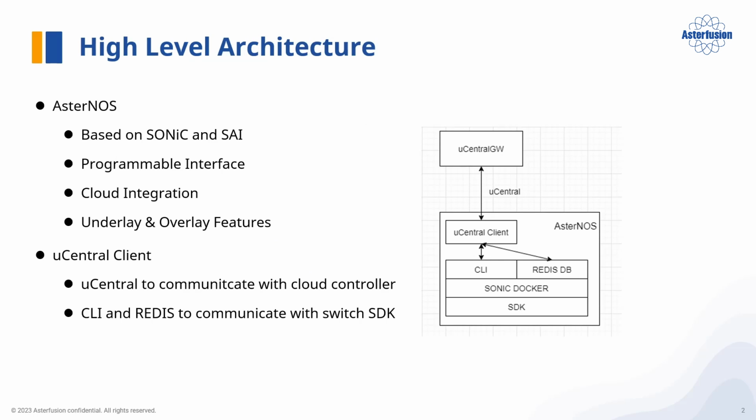This is the high-level architecture of our enterprise switch software. Firstly, it has the operating system based on SONiC and SAI, and the uCentral client is installed in the container of SONiC, which is used to communicate with the uCentral gateway, which is installed in the cloud controller.